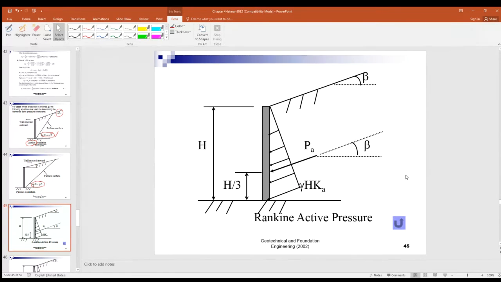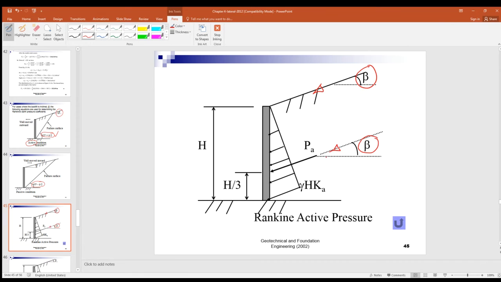Now, in Rankine active pressure theory for this sloping surface behind the retaining wall, the assumption is that the active pressure here will not be acting normal to the back of the retaining wall, but it will be parallel to the sloping surface.